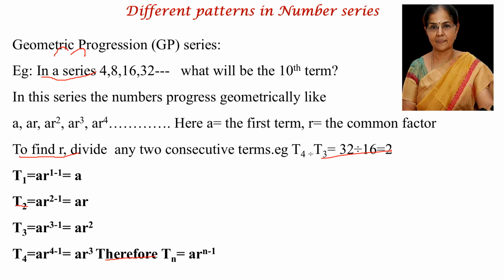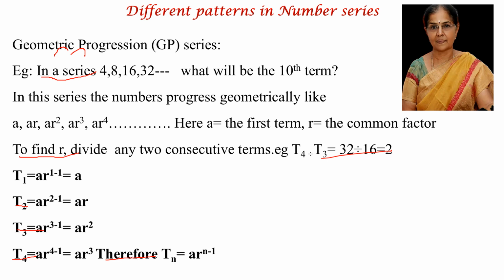And term 3, T3 is equal to A R raised to 3 minus 1 times, that is equivalent to AR squared. The same way for the fourth term. And if you substitute this for the nth term, you get A into R raised to n minus 1 time. So this is the formula you have to learn by heart.